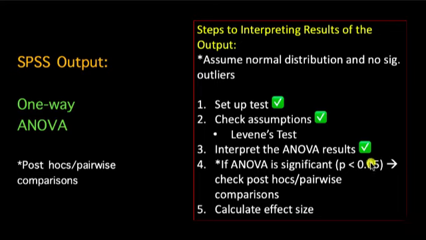All right, so that takes care of the interpretation of our ANOVA results. And then if you have an ANOVA that has a significant p-value, so a p less than 0.05, that indicates you need to check your post-hoc tests, right?